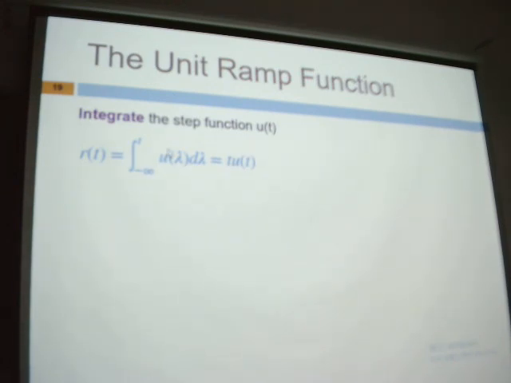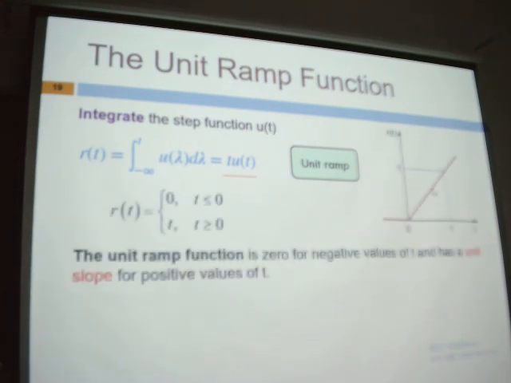If we put u(λ) inside and take this integration, we find that r(t) is equal to t times u(t). If we multiply t by a step, it becomes a figure like this one.